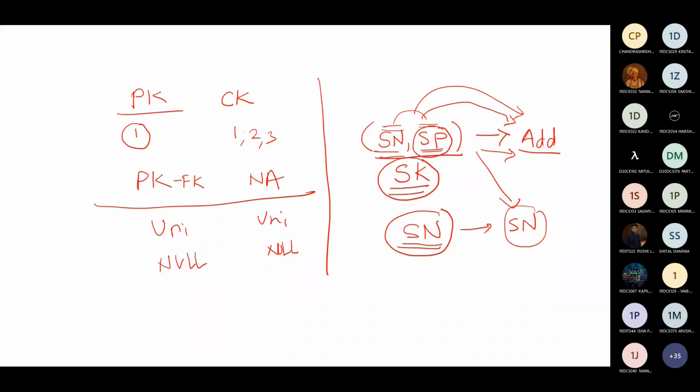Clear? Yes, sir. When we consider the super key, it is just a combination of one or more attributes, but that is not exactly like a primary key. It is not necessary that with the help of a super key we can make it act like a primary key, because the super key is going to support null values.